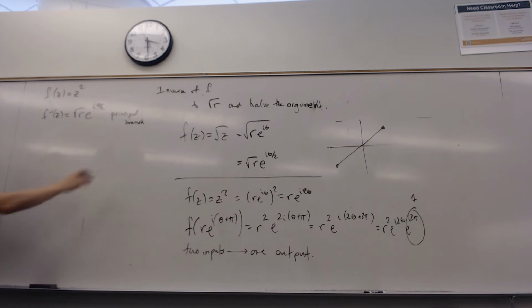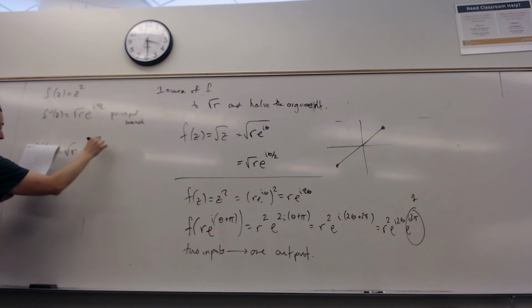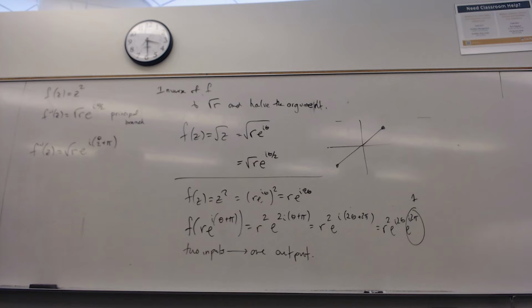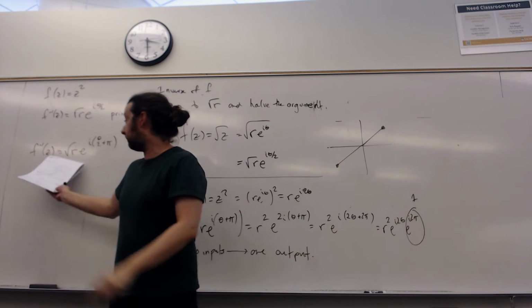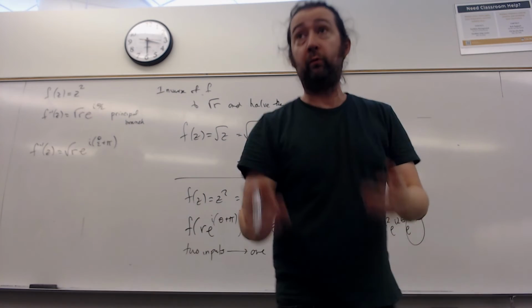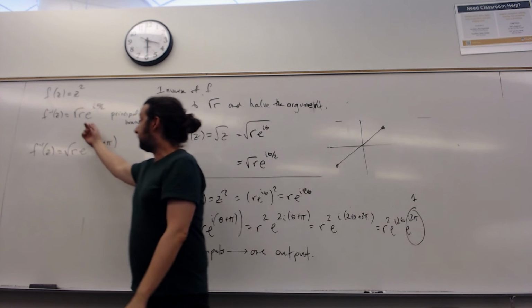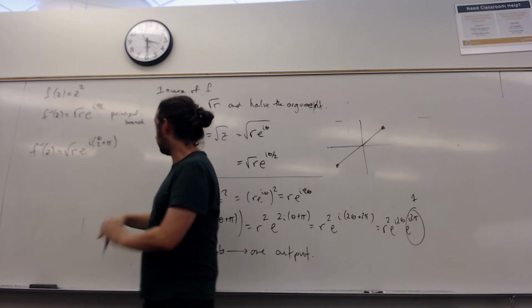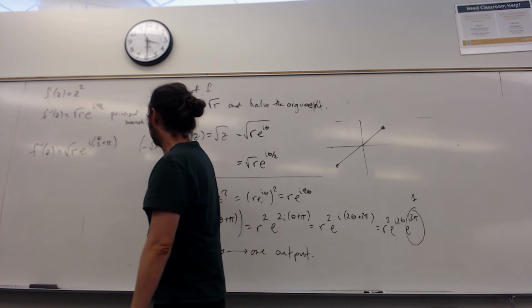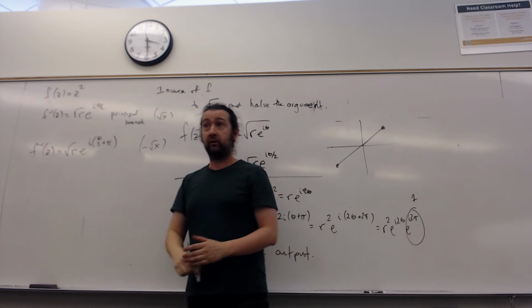And then the other branch looks like this. f of z inverse is equal to root r e to the I theta over 2 plus pi. It gives you the other point with the same radius but rotated by pi radians away. You can test this out, by the way, if you want to make sure that one on this branch produces a 1 and one on this branch produces a negative 1. So this really is like the minus root x branch, and this is the positive root x branch, is the way of thinking about it.